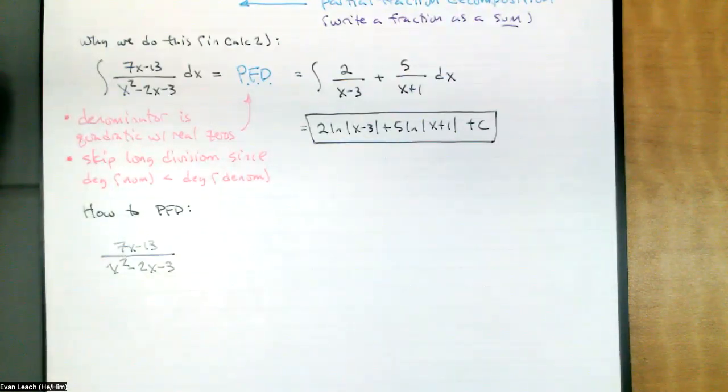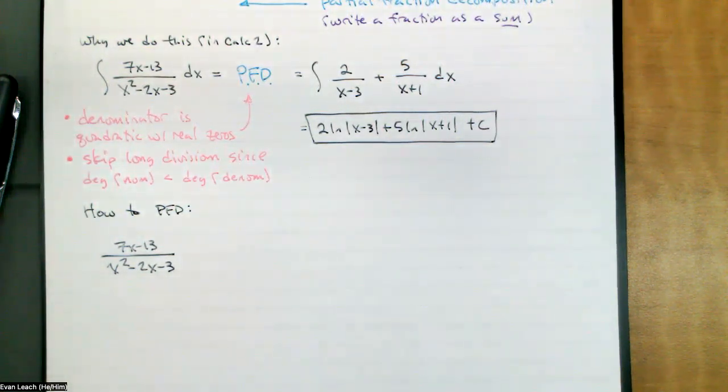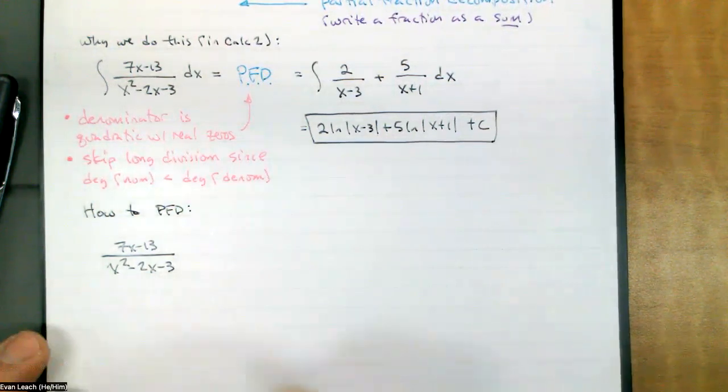The first step in partial fraction decomposition is deciding which sum we want to create. There's an infinite number of ways that we could write this fraction as a sum. We want a very specific one. So we're going to start by factoring the denominator.